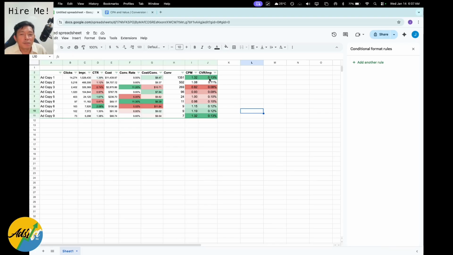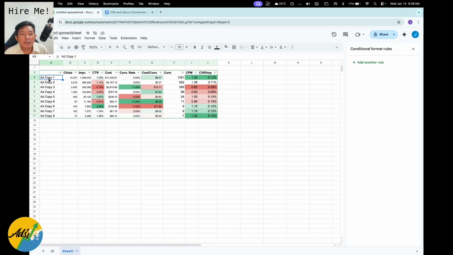So this is more heavyweight than the CPM, but it will also support our indication that the CVR per impression is correlating to the CPM. So high CVR per impression is directly correlated to a high CPM.